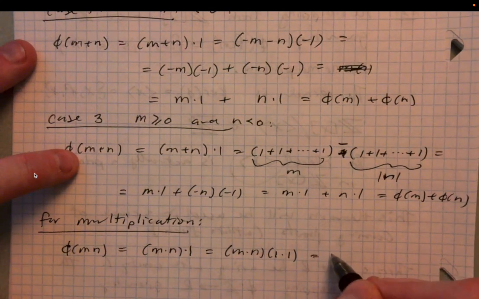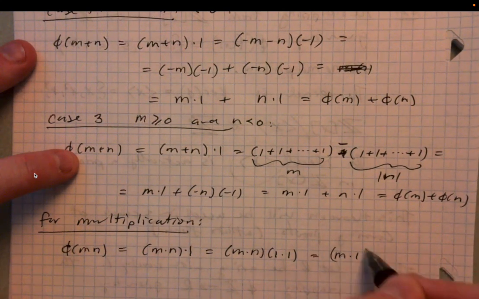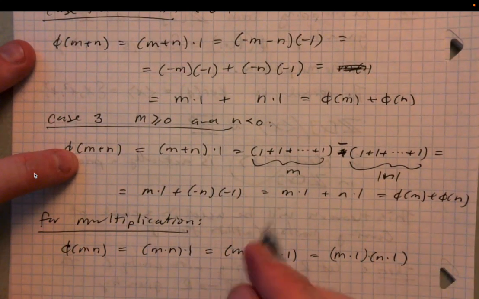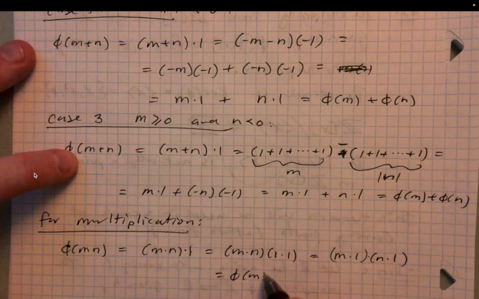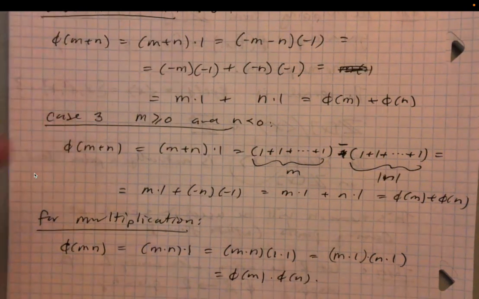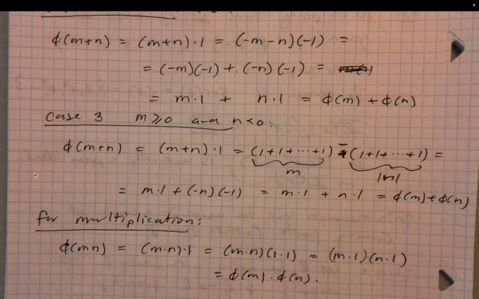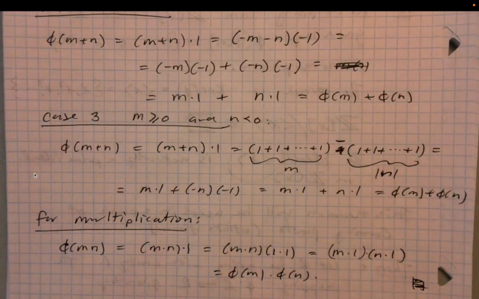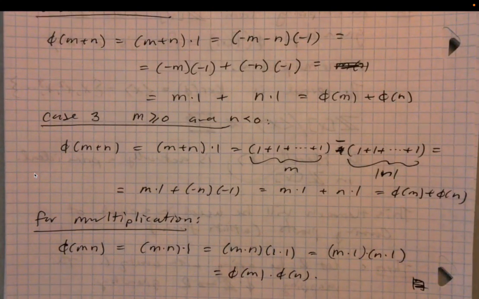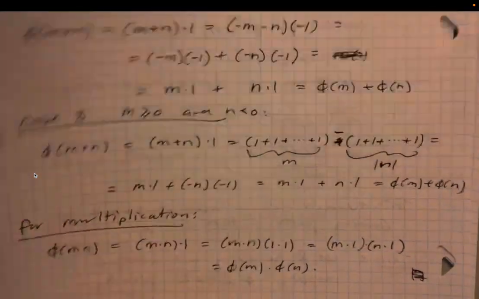And so we know that this is m times 1 times n times 1, which is just phi of m times phi of n. So we've got a homomorphism here, and again, we're going to need this for a coming proof. We're going to need this for the next two theorems, which is what we wrap up ring homomorphisms with, these last two proofs.